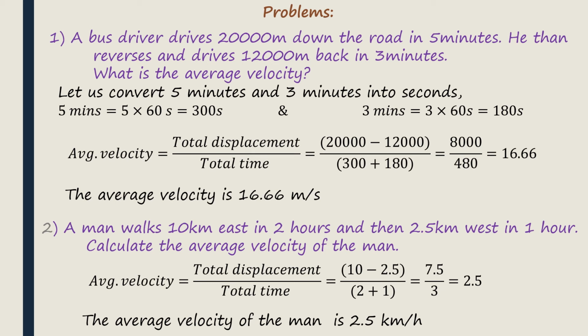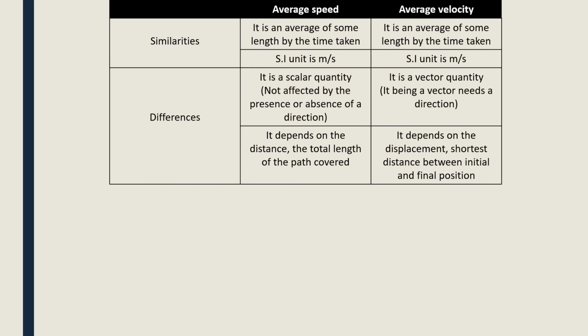So with this, we have already seen what average velocity is, and what average speed is. Average speed is understood, velocity is understood. Let us see some similarities and some differences between average speed and average velocity. Similarities means the same kind of thing in average speed and average velocity.